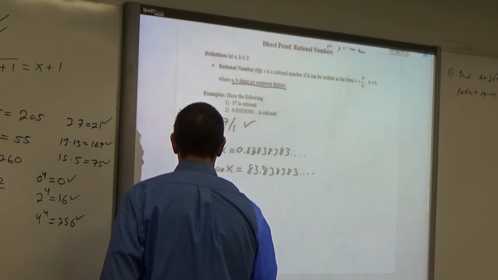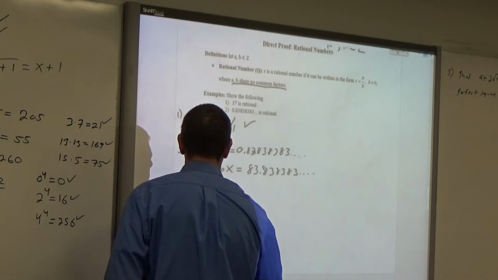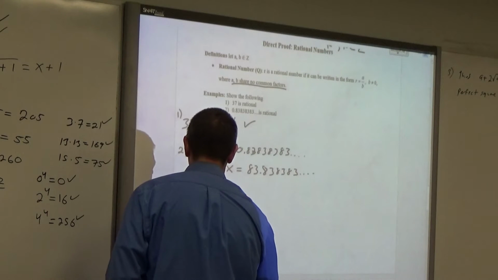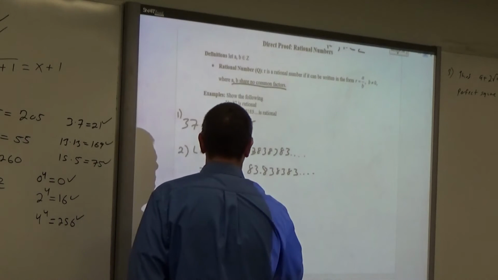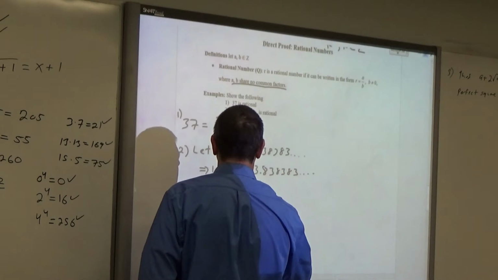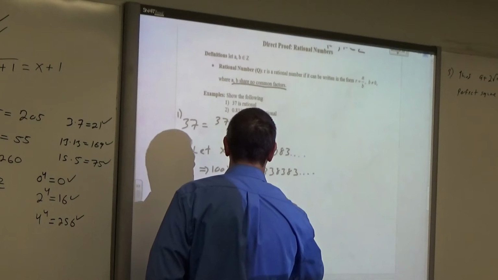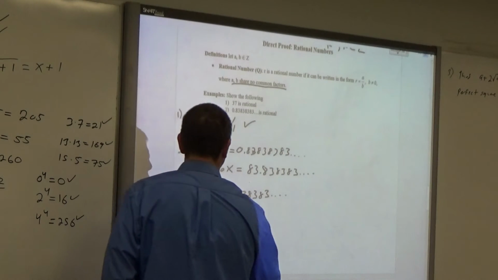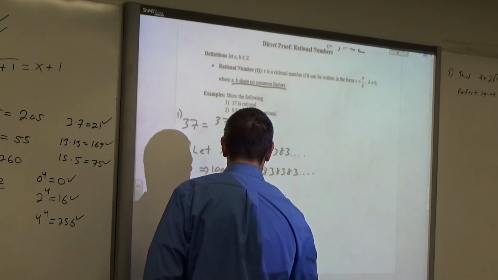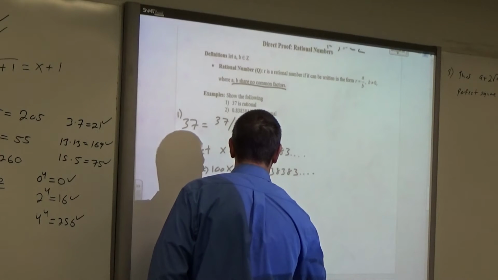100x minus x? Now, clearly, 100x minus a single x is just 99x. Nobody doubts that. We already defined 100x, we already defined singular x. So 100x is 83.838383 and then minus 0.838383, and so on.